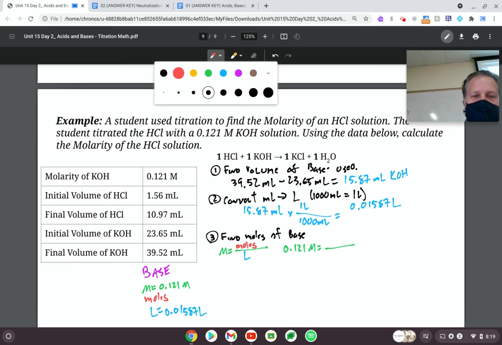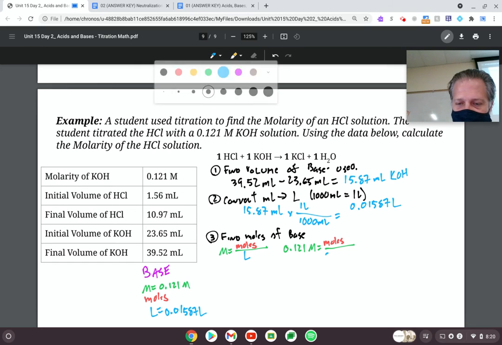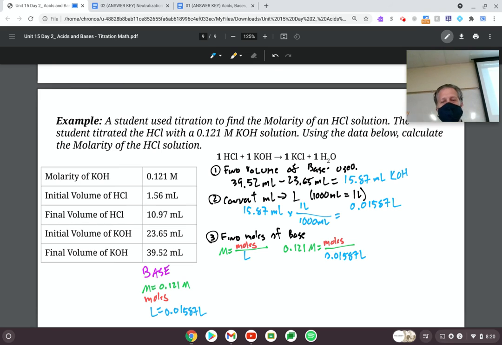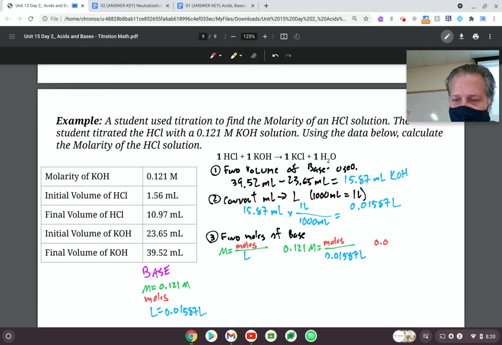We are looking for moles, bless you. And we know the volume in liters is 0.01587 liters. So 0.121 times 0.01587. I get a number of moles to be something like 0.00192027 moles of, in this case, my base, which we said was KOH.